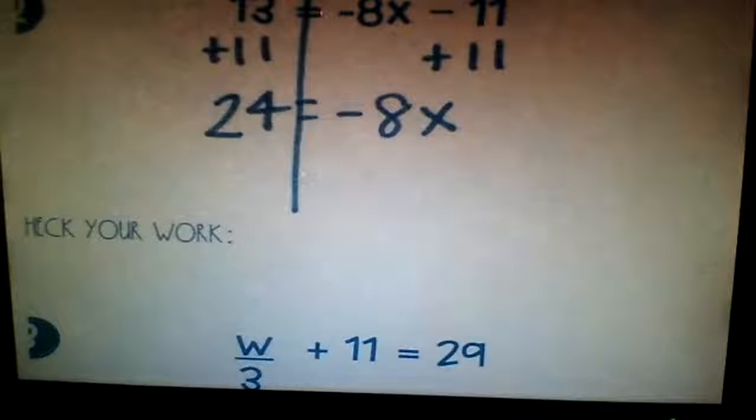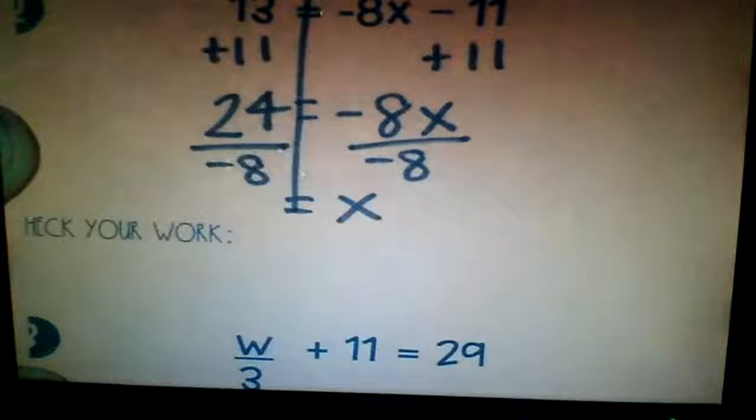Ooh, I don't like it like this. Miss Ayel, what do I do next? Divide by what? Negative 8. Is it because the x is on the other side? Okay, 24 divided by negative 8. Negative 3.